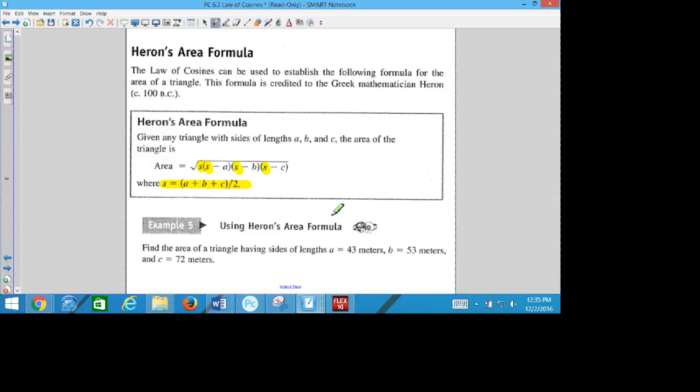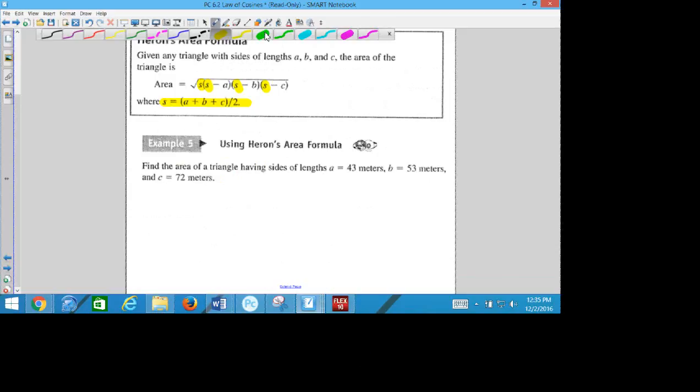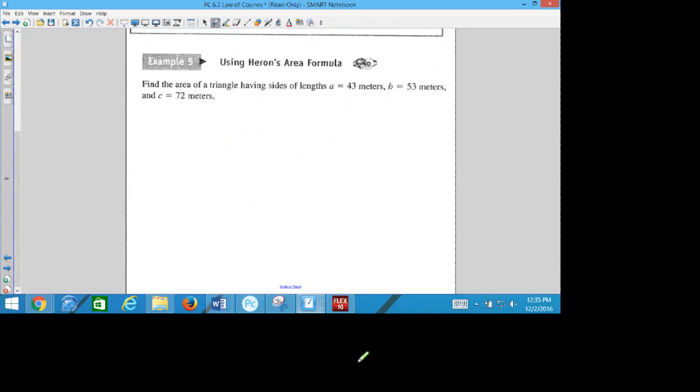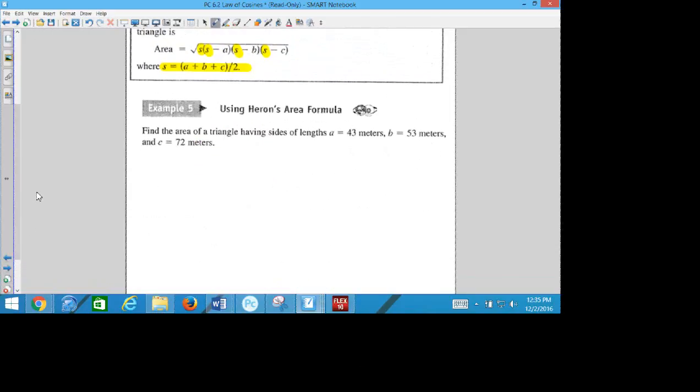So we're just going to use this formula to find the area of a triangle. First find S. S is all three sides added up, divided by 2.